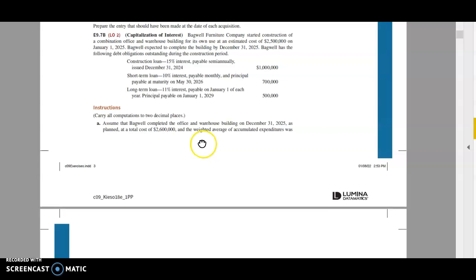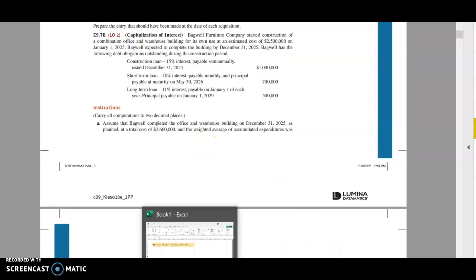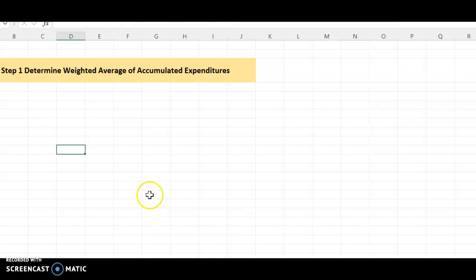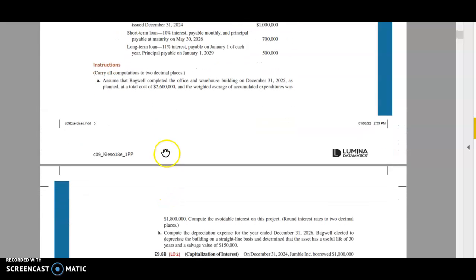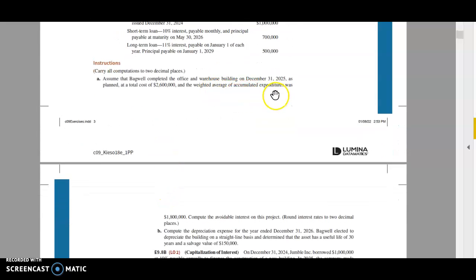So the first thing that we need to do, there are basically, I believe, 5 steps. The first step is to determine the weighted average of accumulated expenditures. Well, in the problem, it tells us that the weighted average of accumulated expenditures was $1,800,000.